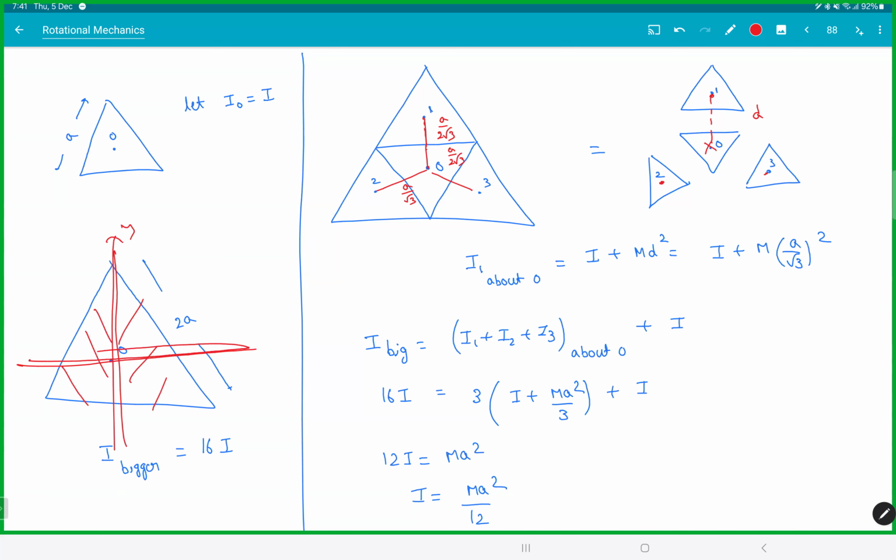But for X, what will you do? You can do that also. You can figure it out by using the parallel axis theorem about the base and all that. Yes, it is possible to do it that way, but it becomes quite long. Try it and see, you should get the same thing. Is this clear, everyone?